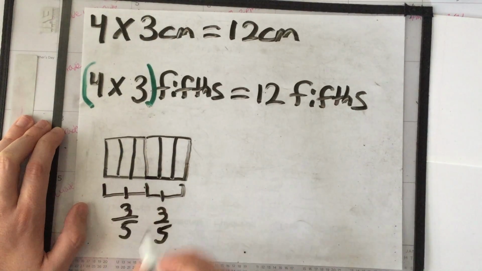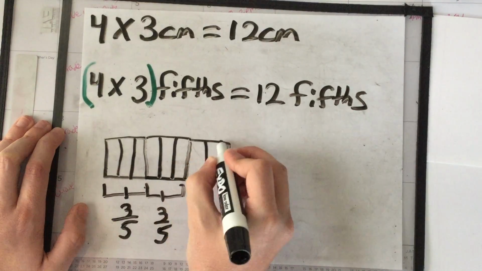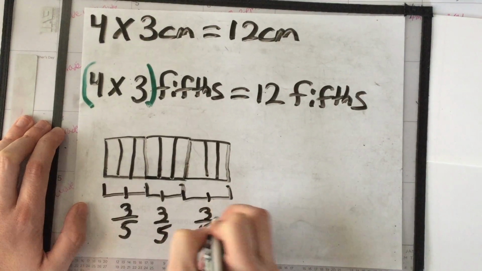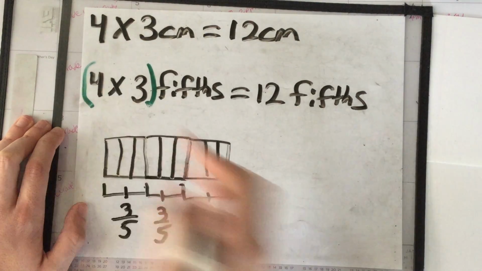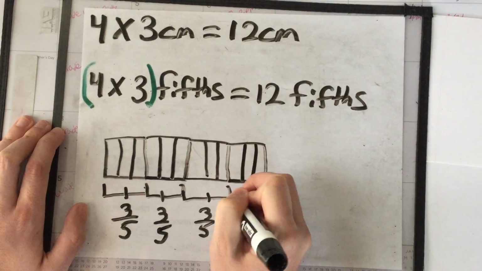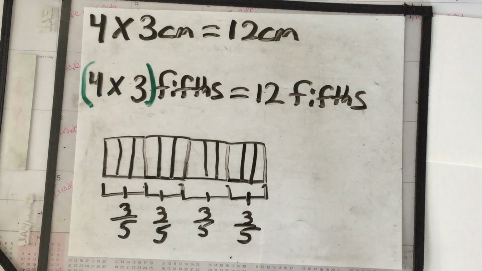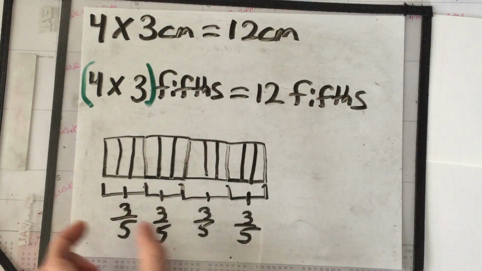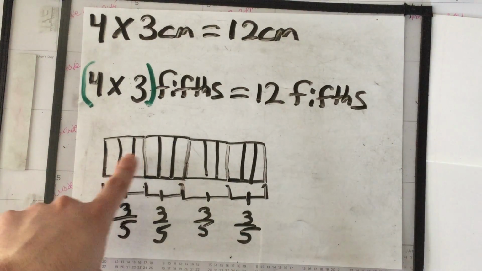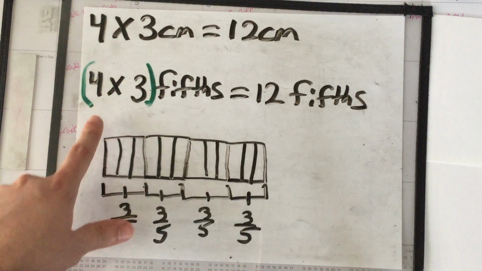But now I only have 6, so I need another copy. Let's see, I only have 3 copies of it. I need 4 copies, so I need 1 more. So now I have 4 sets of 3 fifths. That's exactly what we did here. 1, 2, 3, 1, 2, 3, 1, 2, 3, 1, 2, 3. And we did it 4 times.